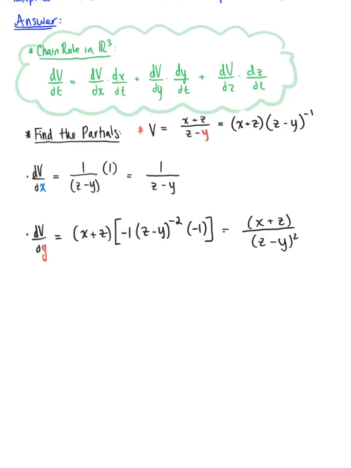Beautiful! And last but not least, we have the partial derivative of the function v with respect to z. In this case, we are differentiating with respect to z, so we treat x and y like they're constants. Coming back up here to our given function, notice in this case that we have a z both in the numerator and in the denominator.